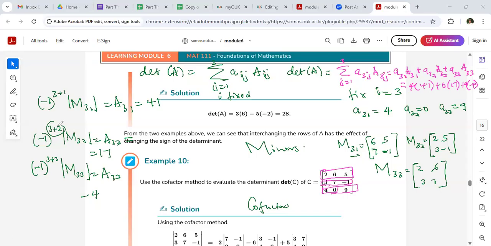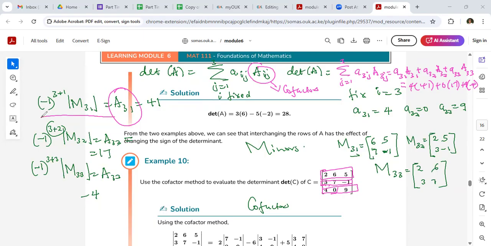Just a little clarification. Yes. Small a and capital A. Yes. Capital A denotes the determinant of A. No, which capital A? This one. Yeah. When you are getting the summation from the formula, summation is equal to a3j, then capital A3j. Capital A_ij here are the cofactors.